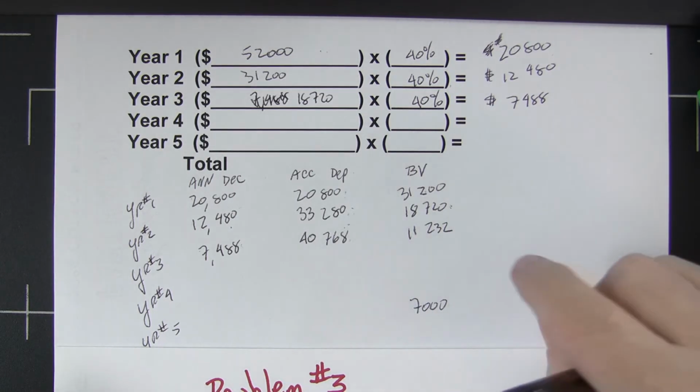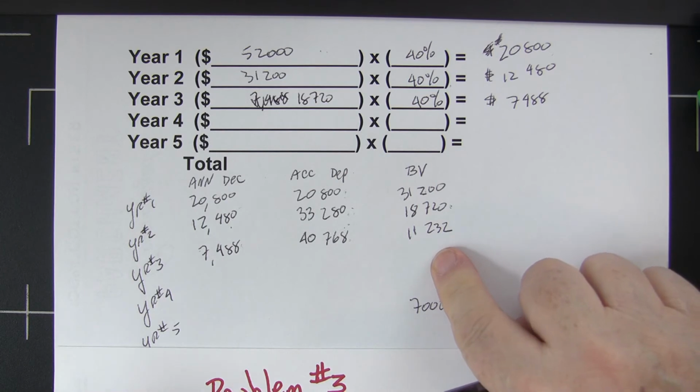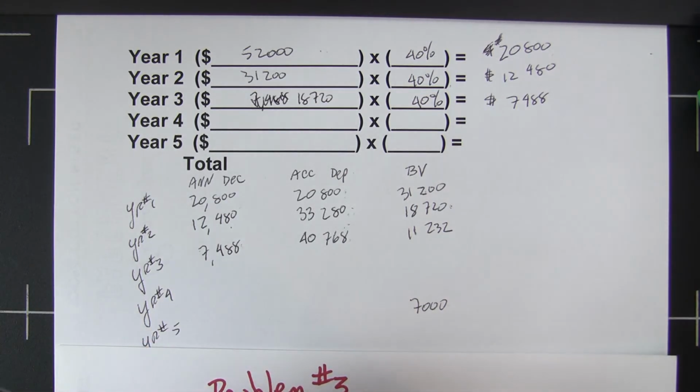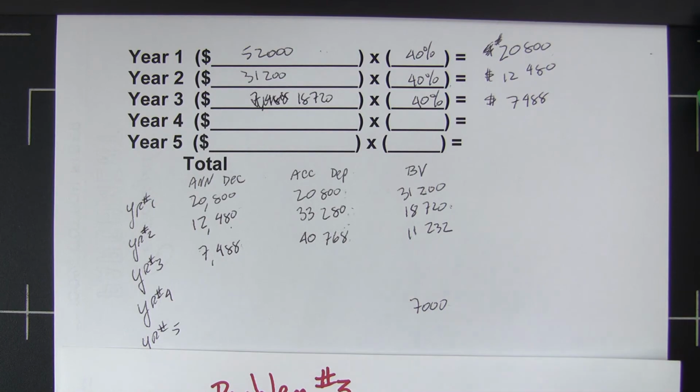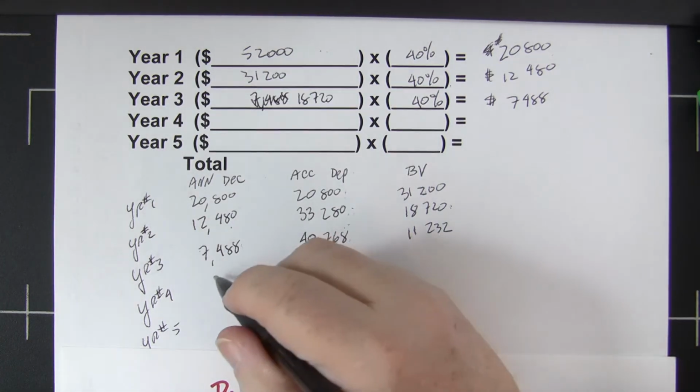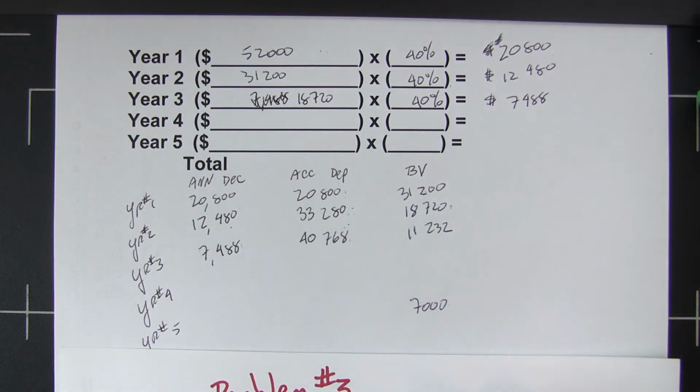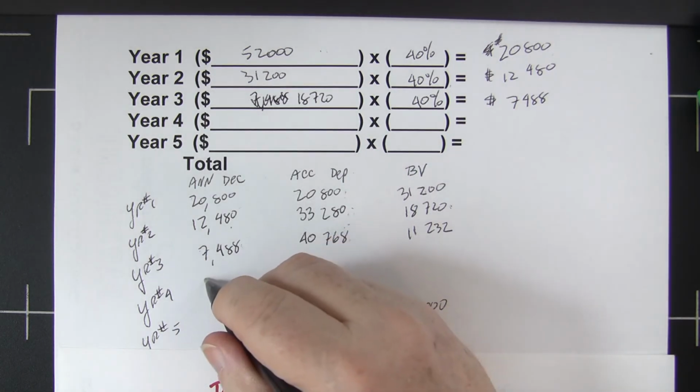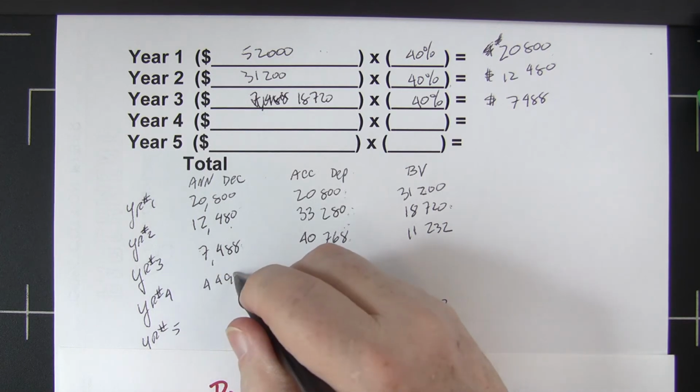Let's take our 11,232, which is our book value, times 40%. It says our annual depreciation should be 4,493.